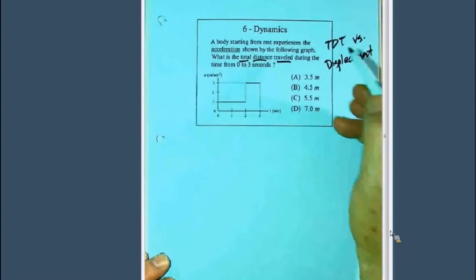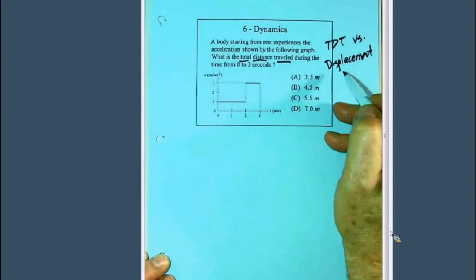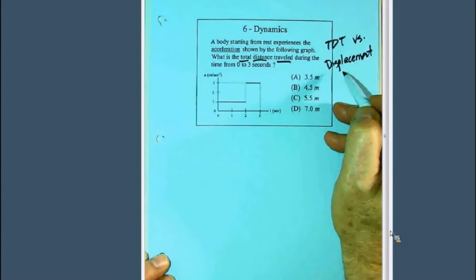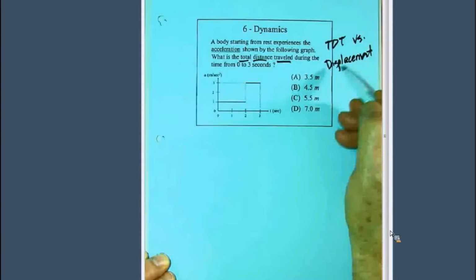The total distance traveled and the displacement for this one are going to be the same, but when you have a reversal, they're different. If you walk away from some spot for 10 feet, stop, turn around, and come back that same 10 feet, then your displacement is 0.